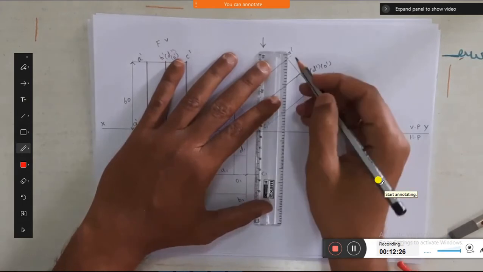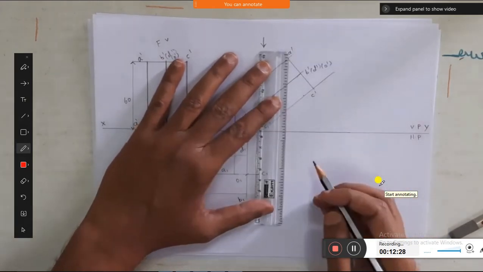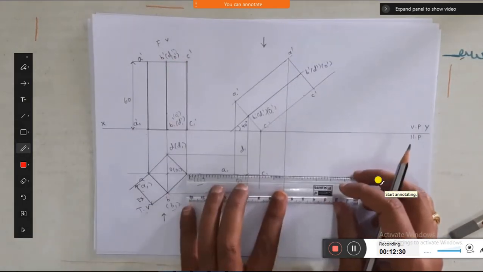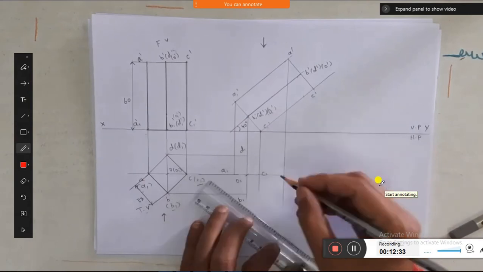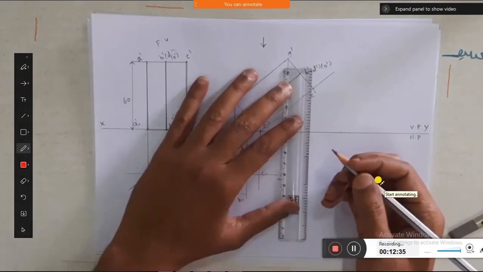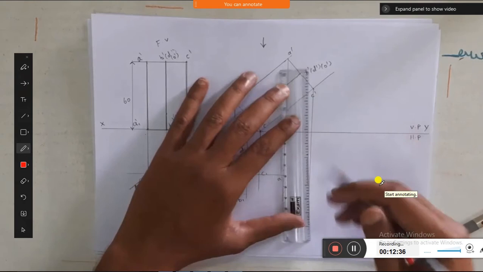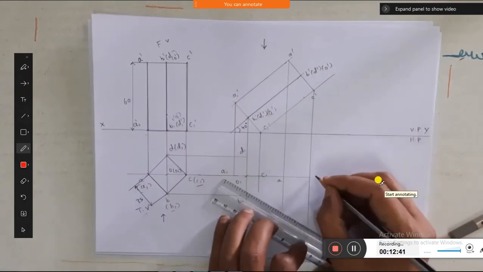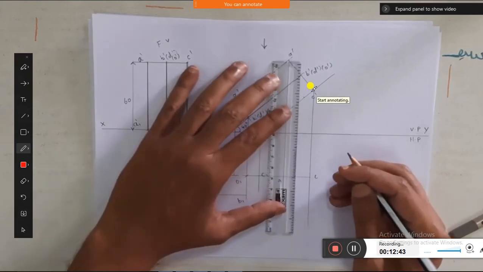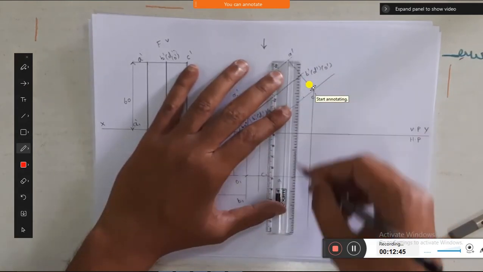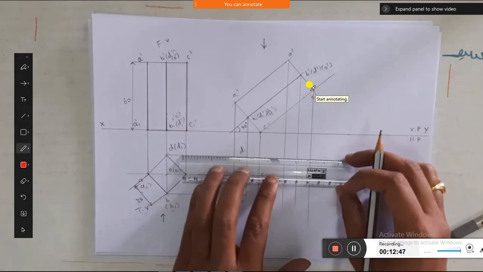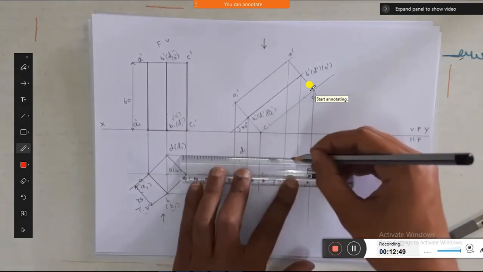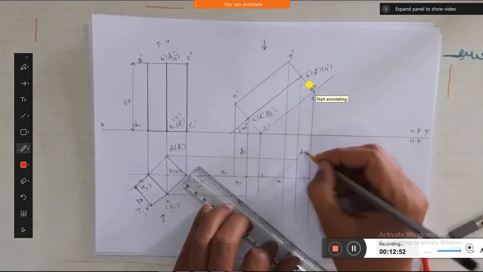Next you have to go for the A1, that is A dash A, and B dash B, A and C, and it is called C, then B and D. So B is here, D is here, that is D and that is B.